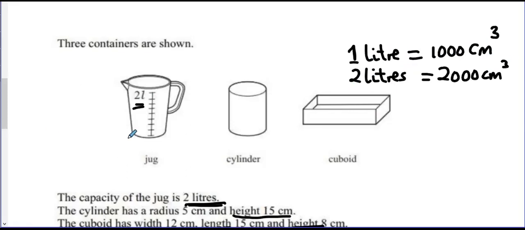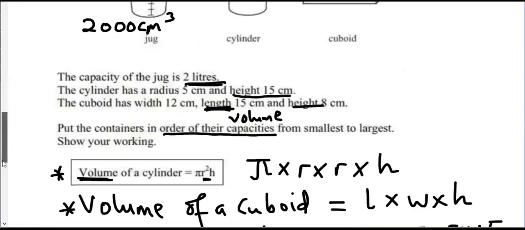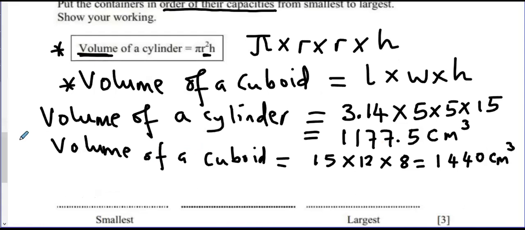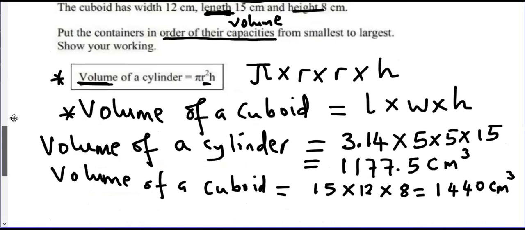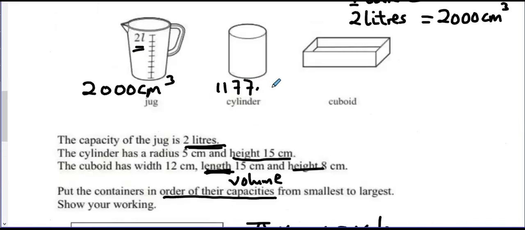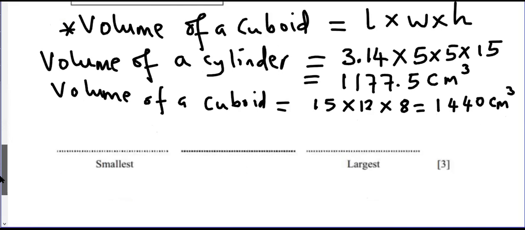Now I know that the jug has a capacity of 2,000 centimeter cube, whereas for the cylinder I got 1177.5 centimeter cube, and for the cuboid I got 1440 centimeter cube. Can you see that? That is for the cuboid.